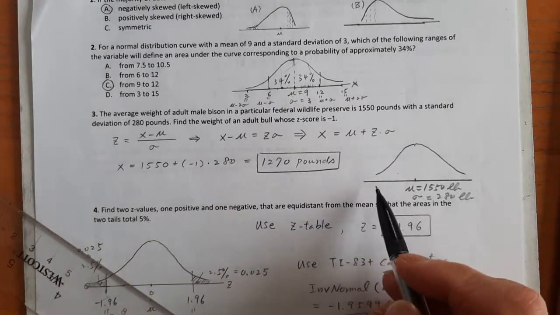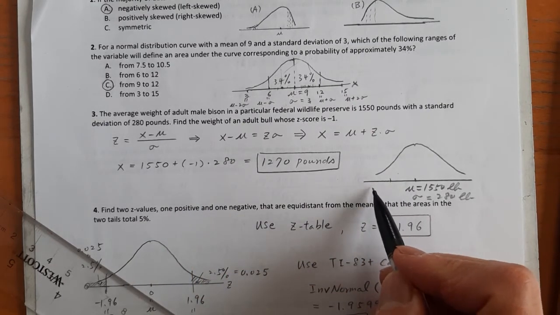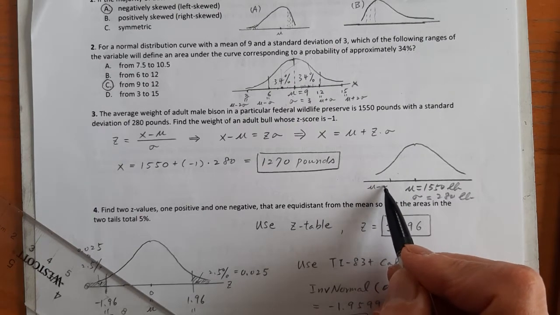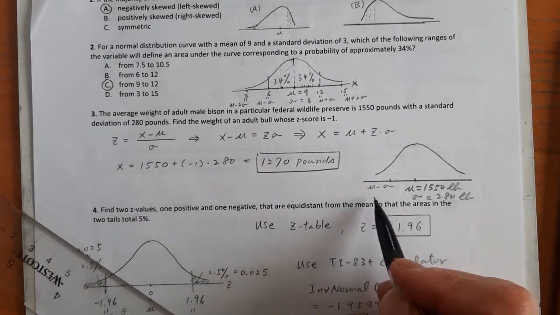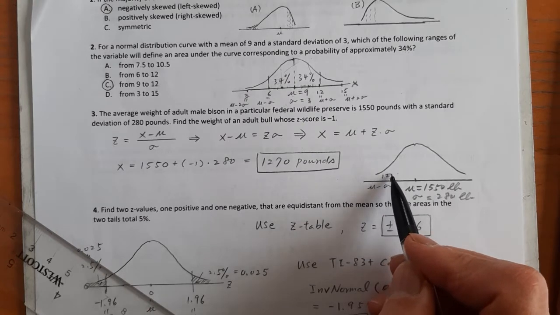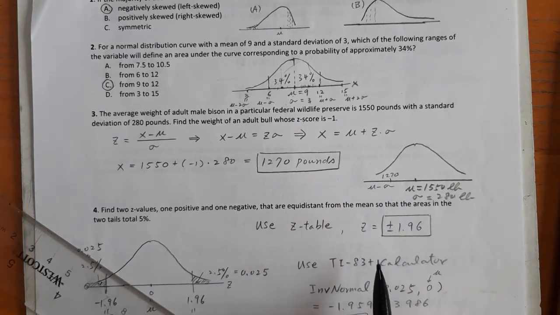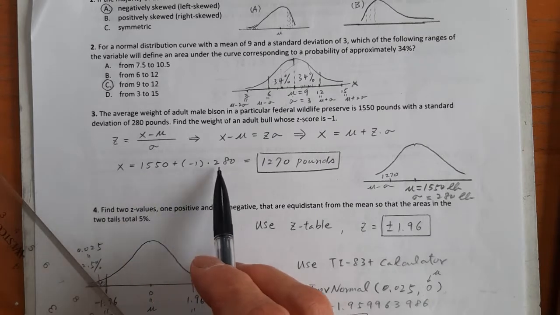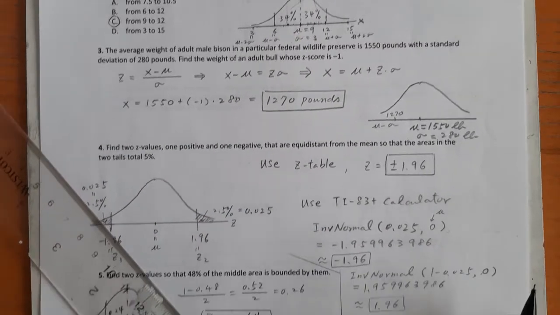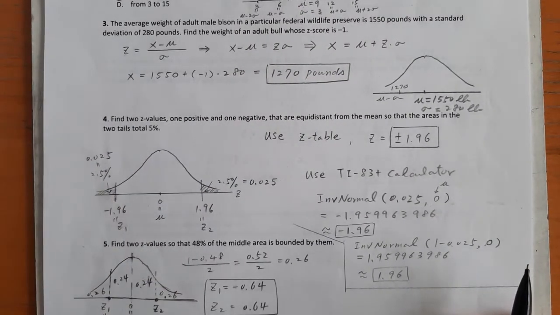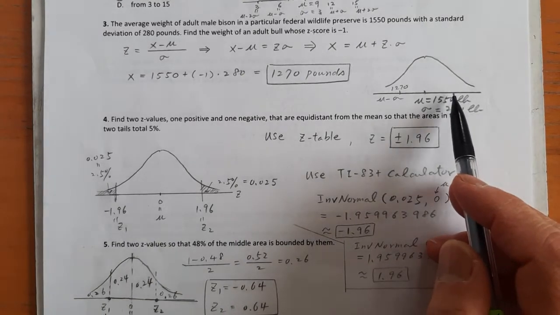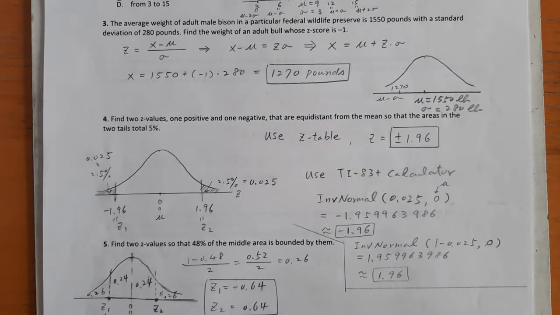This is mean minus standard deviation, so this point is 1,270 pounds. If the z-score is -1, it means one standard deviation below the mean. If a z-score is +1, it's one standard deviation above the mean.